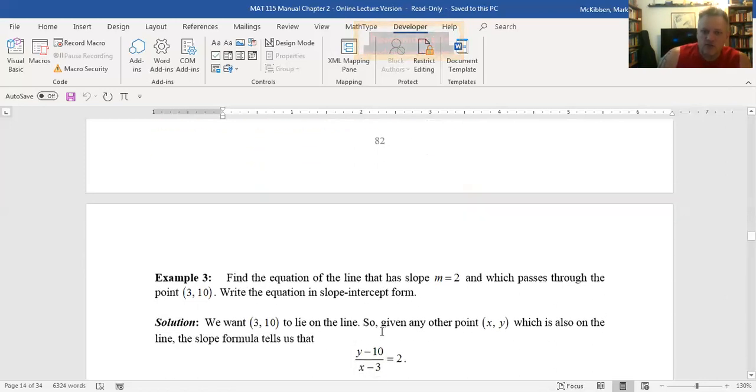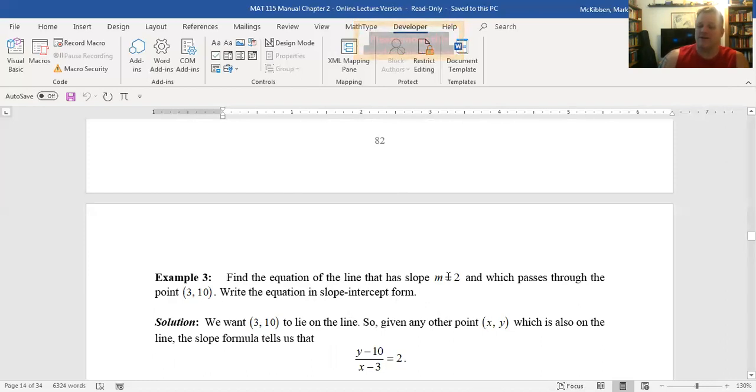So what I want to do is recall the definition of a slope, right? I have a point, 3,10, on the line. I do not have a second point in hand, so let's just call another point on the line x,y, right? We're assuming that this point is on the line, and if it is, we know that if I use the slope formula, change in y over change in x, with these 2 points, I have to get the ratio of 2, right?